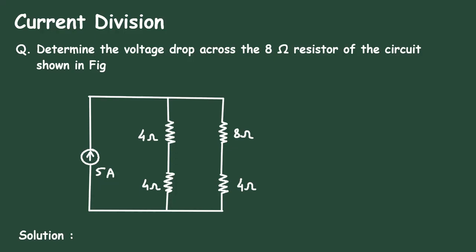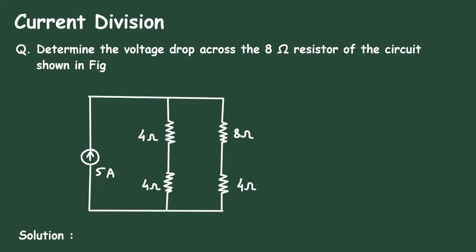But here the resistances are connected in parallel form. So this will be 2 plus 8, which is 10 ohm.